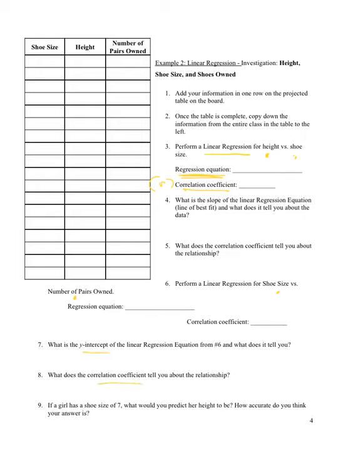What does the correlation coefficient tell you in terms of whether it's a strong positive, weak positive, no correlation? What type of correlation is there? And then perhaps answer some questions and do a little bit of investigation using that regression equation, that model, to make a prediction. So these are the types of problems that you would be asked to complete.